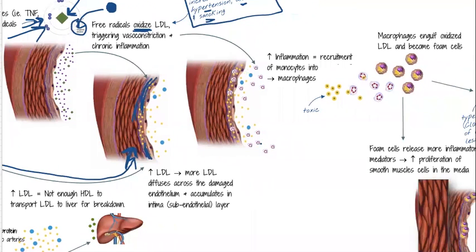As they accumulate, your inflammatory response increases. You've already had some inflammatory response going on because of the damage to the endothelium, but now it's kicked into high gear, and now we're going to have that recruitment of monocytes.